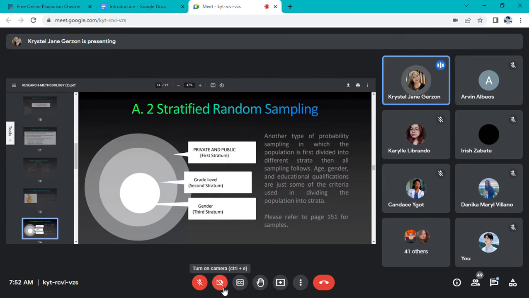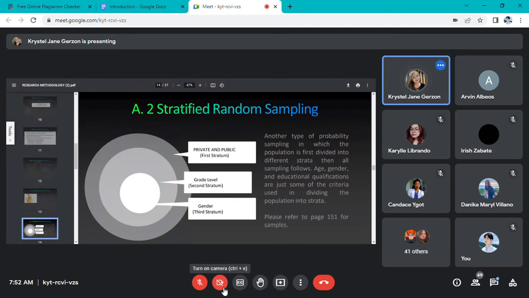So what you need to do is divide them according to track. Let's say academic track, technical-vocational track, and arts and design. So you already have three categories. After that, you can further divide them into grade 12 and grade 11.